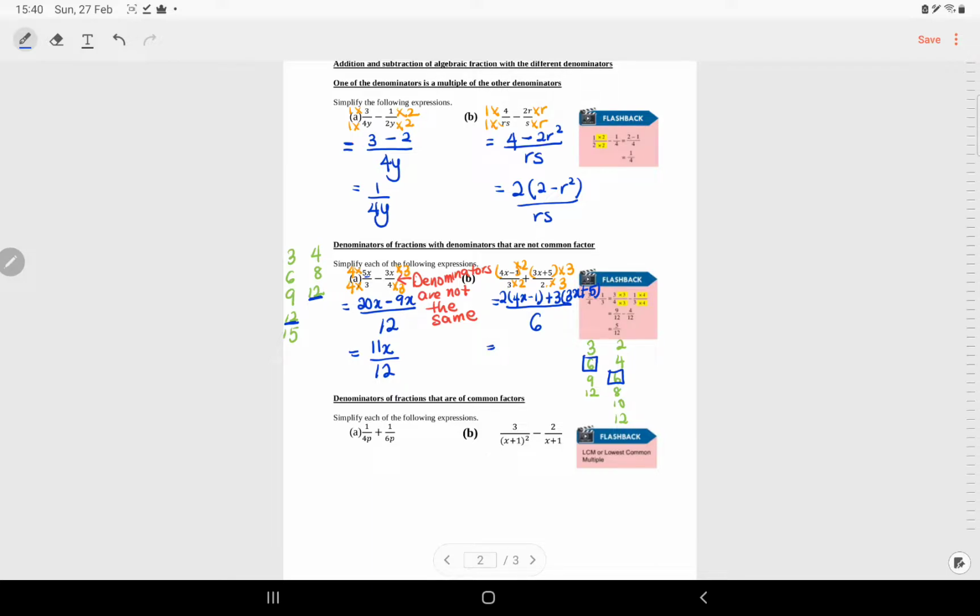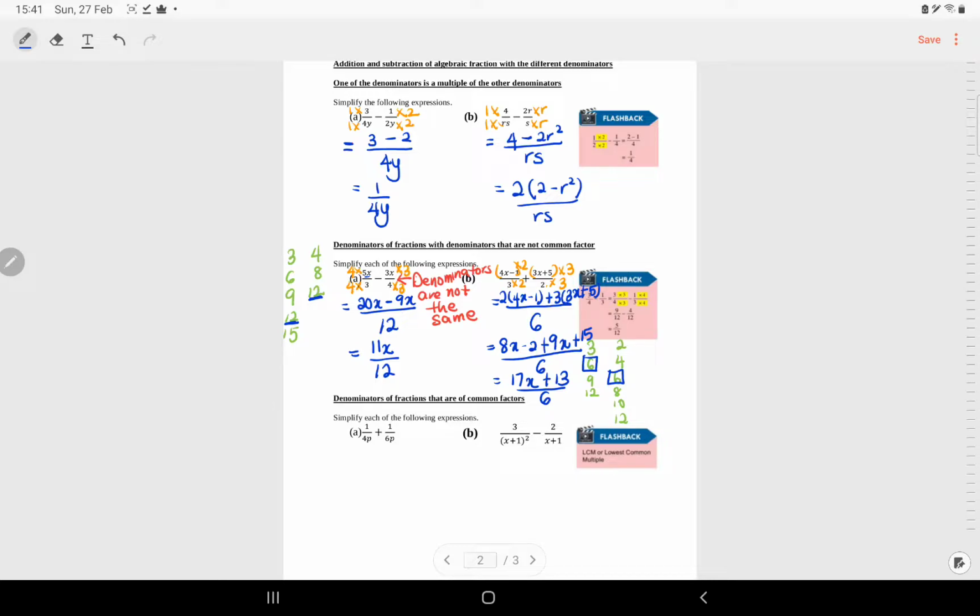Okay, if we open up the bracket, that will say 8x minus 2, plus 3 times 3x, 9x, plus 3 times 5, plus 15, over 6. So 8x plus 9x is 17x, and negative 2 plus 15 is plus 13, over 6. That's our simplified answer.